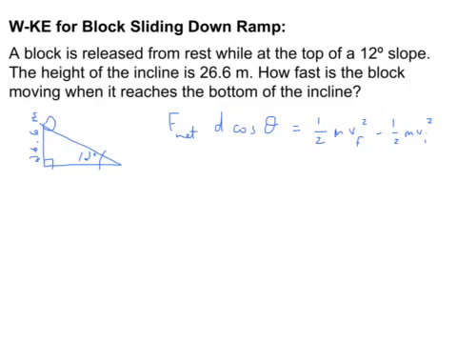And of course, since the block starts from rest, vi is 0, and this whole term at the end is 0, because 0 times anything is 0.